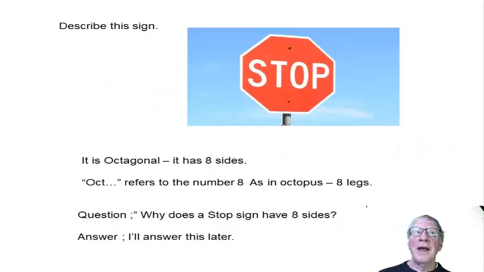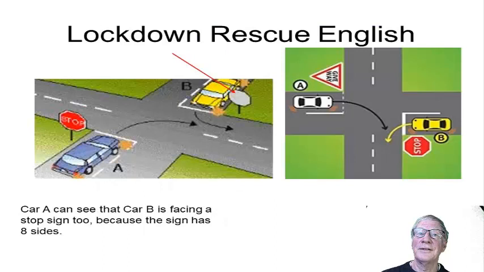Now, coming back to this sign, the octagonal sign which says stop. I asked a question before, why does a stop sign have 8 sides? Well, I think a lot of you must know the answer. And this is the reason.